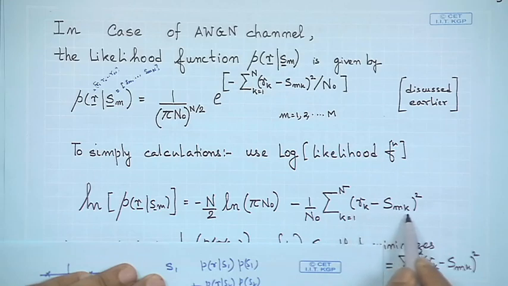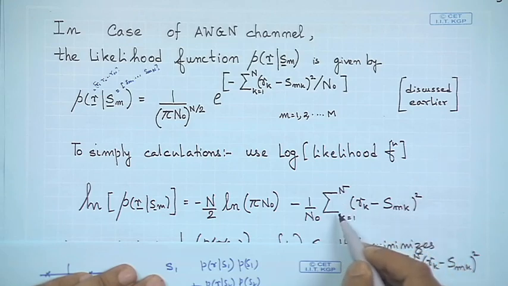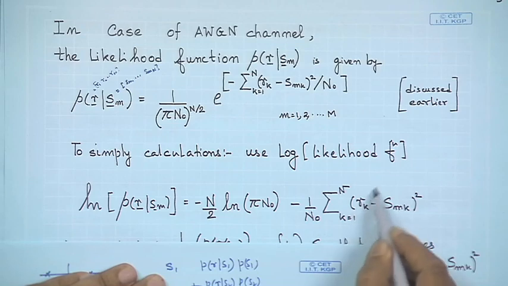Now, if you take a careful look at what this expression means, it is the component wise difference squared and summed over all components. So, clearly it is the distance of the vector r from the vector Sm.